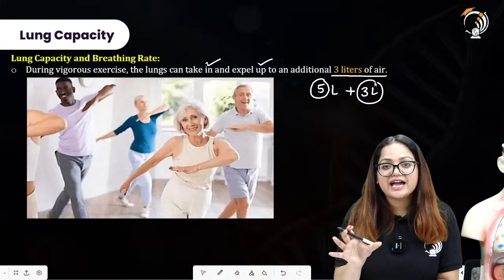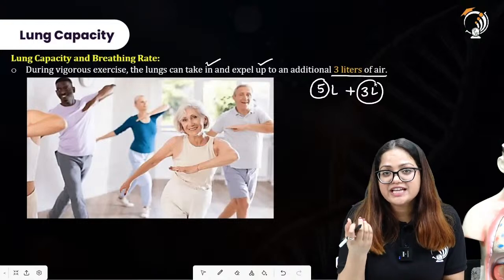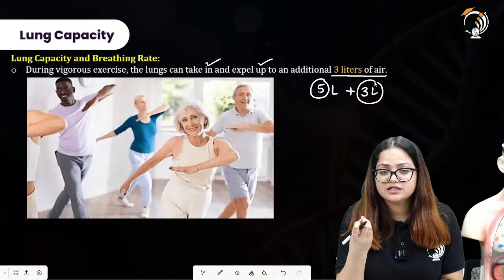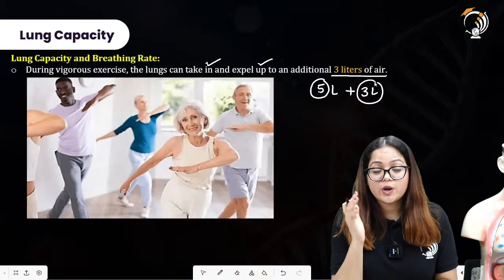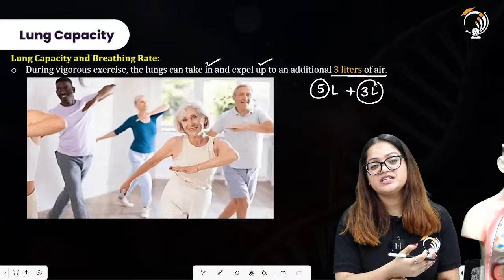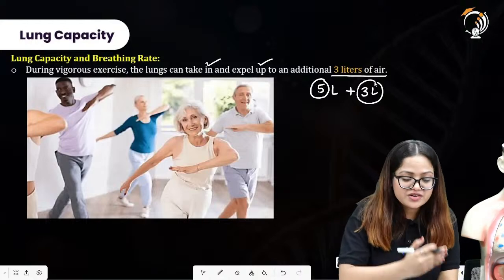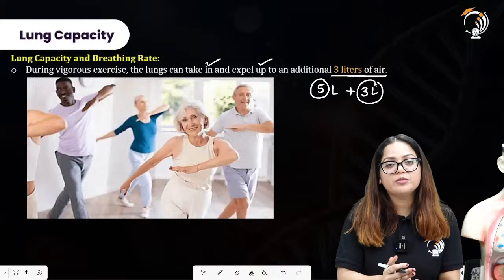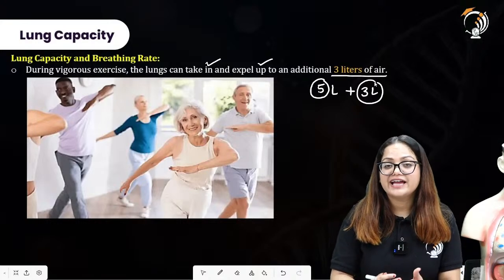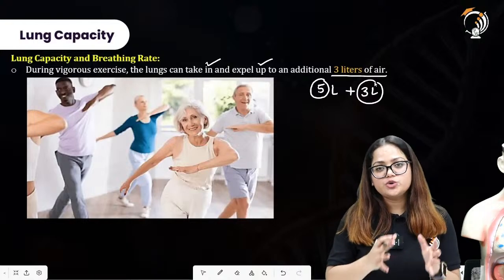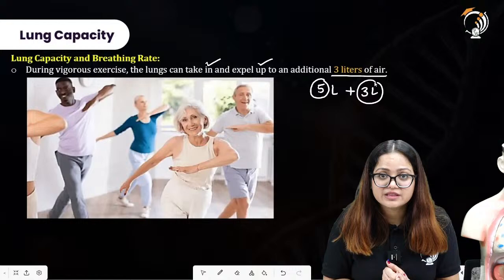This energy is used by our cells to carry out further chemical reactions. As we perform physical activity, this energy is taken up by the muscle cells in order to contract and relax. The muscle cells need energy to contract or relax, and that's how we perform physical activity, right?